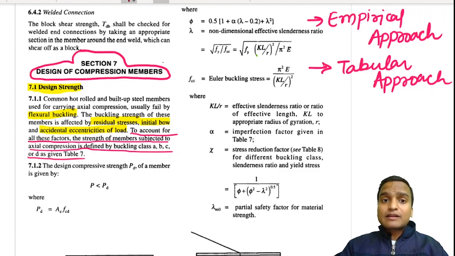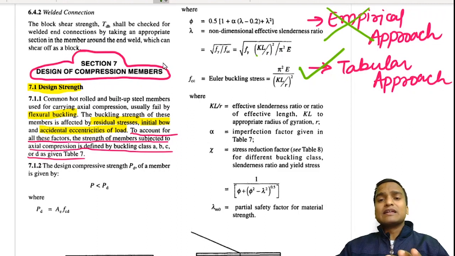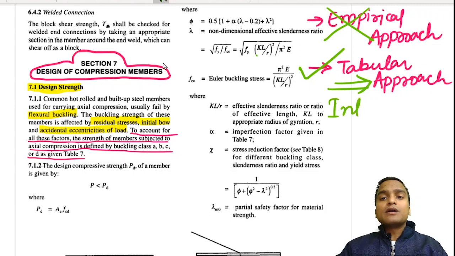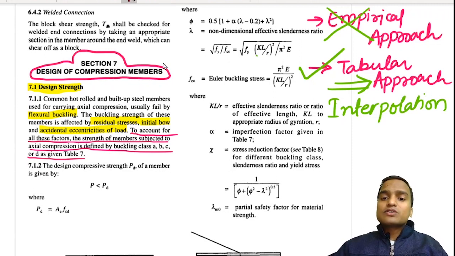So in our classes we will try to understand this tabular approach, not the empirical approach, because this involves a lot of calculations and also takes much of our time. But try to understand that this tabular approach is the same as the empirical approach. Here in the tabular approach, we just have to learn the concept of interpolation, and interpolation is very easy if you have done it, because it simply uses 3 points lying on a straight line.